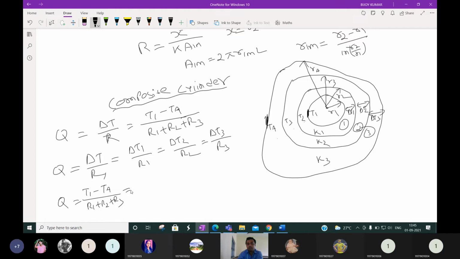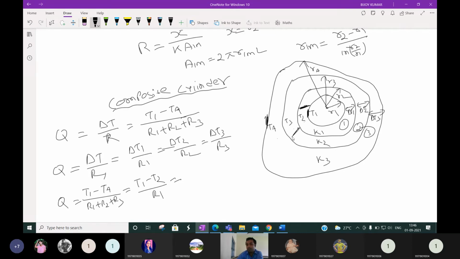Okay. So under steady state, what is delta T1 right now? Delta T1 is the temperature difference in the first wall. First wall means this one. What is the temperature difference? This is T1 minus T2 by R1. Okay, is equal to delta T2, which is the temperature difference in the second wall.